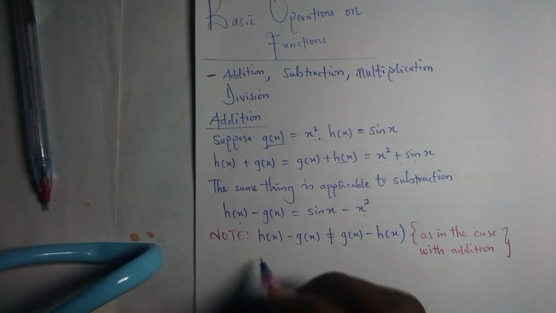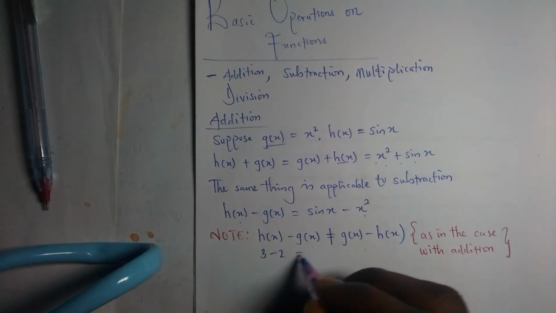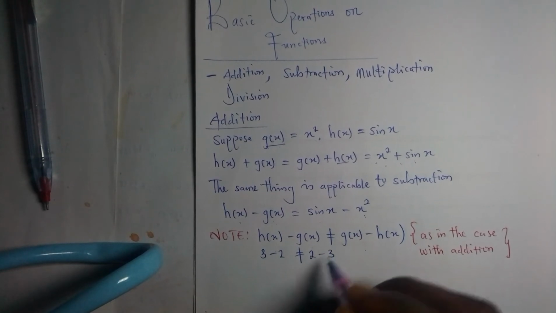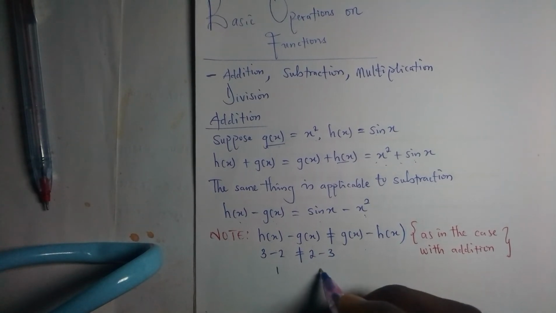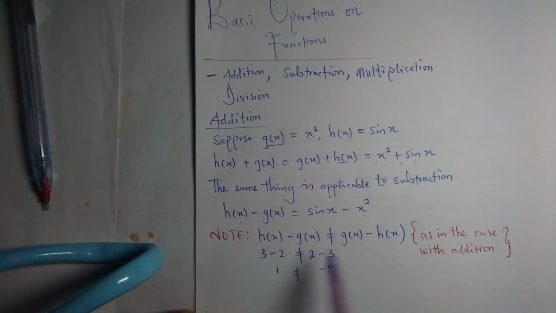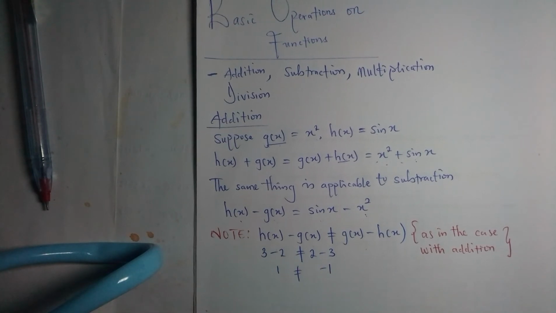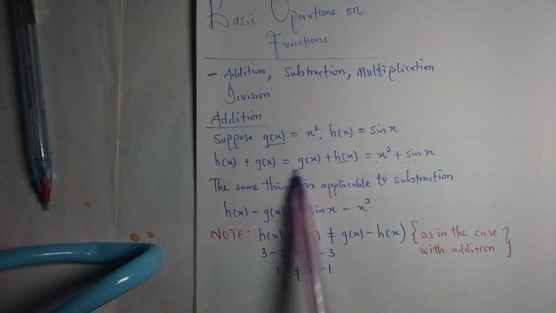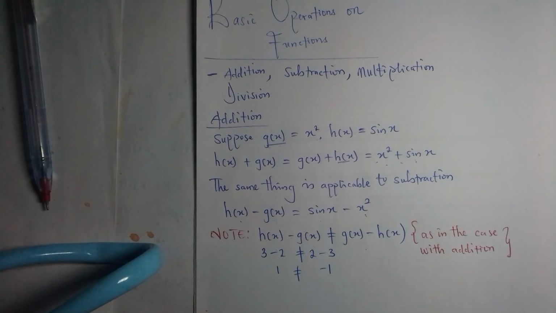Minus has that issue. Take for instance 3 minus 2 is not the same thing as 2 minus 3. 3 minus 2 is 1, 2 minus 3 is minus 1. Both of these are not equal, and the same thing is applicable to functions when it comes to minus. Plus is commutative, that is why this and this are the same in this case.